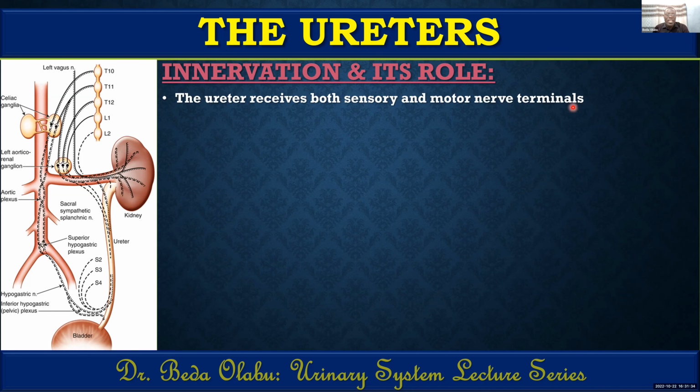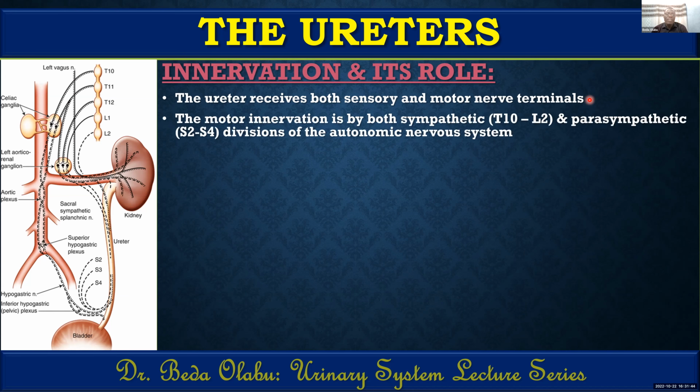Let's talk about the innervation of the ureters. Ureters receive both sensory as well as motor innervation. In particular, the motor innervation is by the autonomic nervous system. So both the sympathetic as well as parasympathetic nerve terminals end on the ureter.